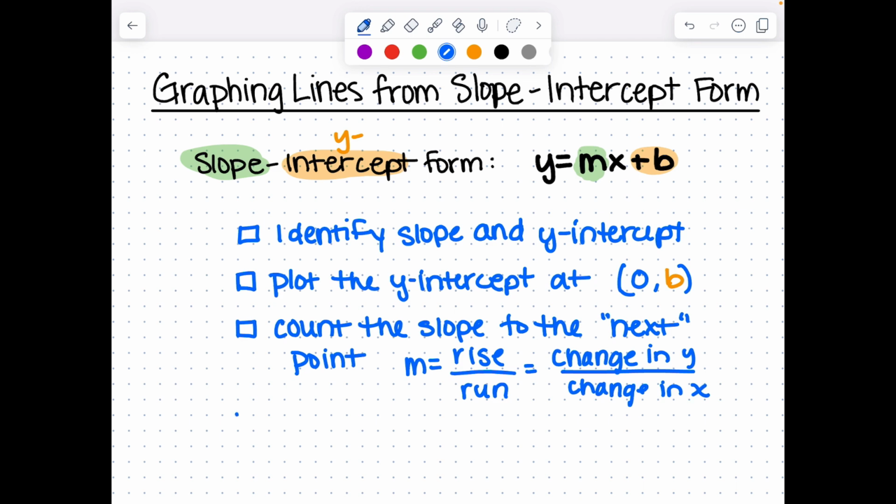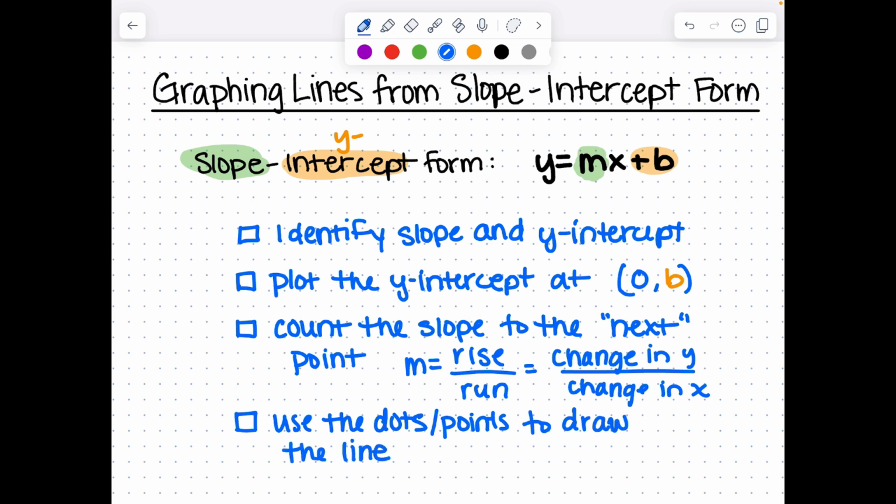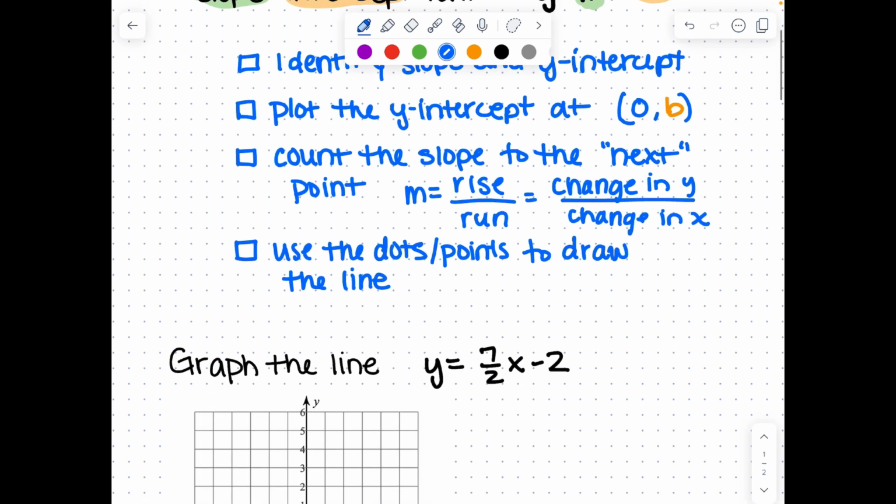And then the very last step, use the dots or the points to draw your line. So these are the steps we're going to do for all of the examples. You'll see that this is an easy thing to do, and hopefully it'll be one of the fun things for you. So let's look at our first example.